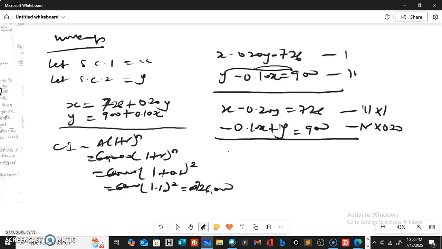So that's this one. 1 times x is 1x minus 0.20y equals 726. Okay, 0.20 times 0.1 gives us 0.02x. 0.02x plus 0.20y equals 0.20 times 900. 0.20 times 900 is going to give us 180.